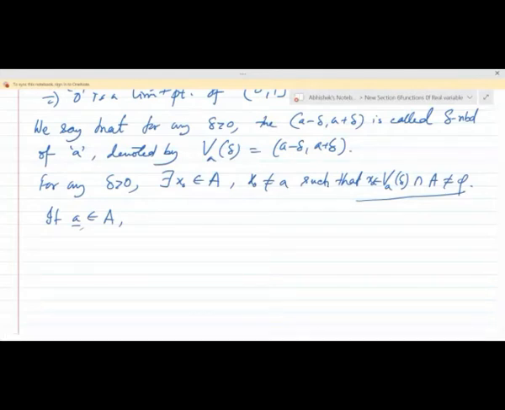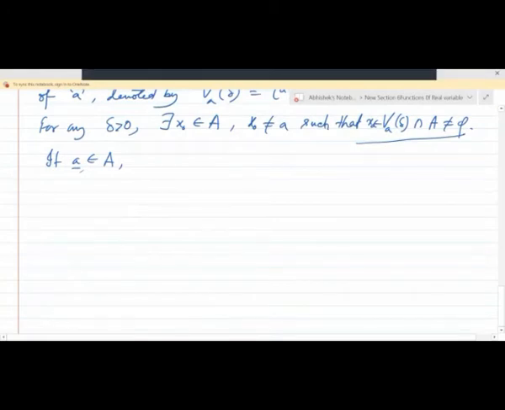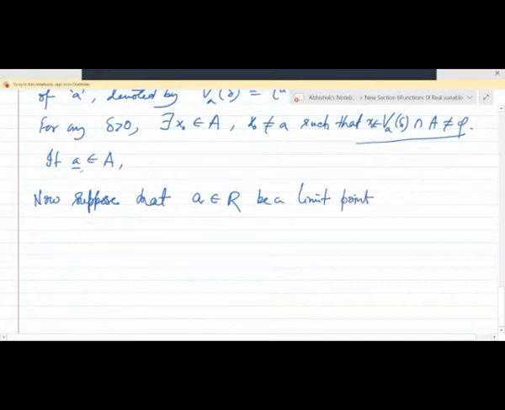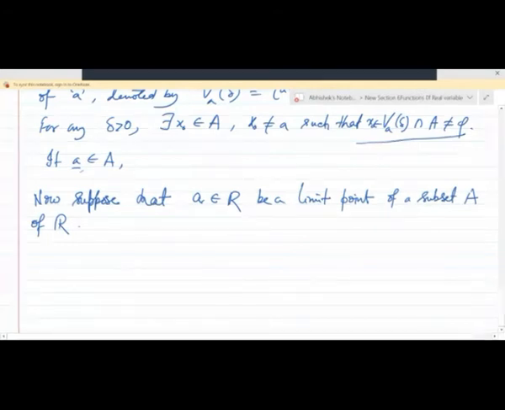Now using this definition you will see that, suppose that small a belongs to R be a limit point of a subset capital A of R. Then what do you have with respect to this assumption?